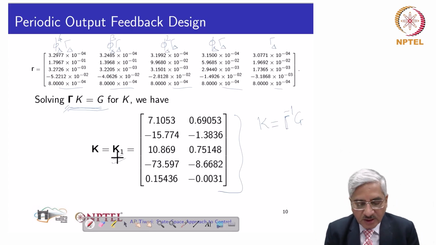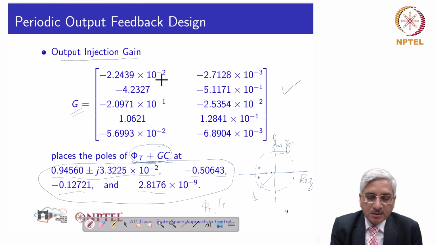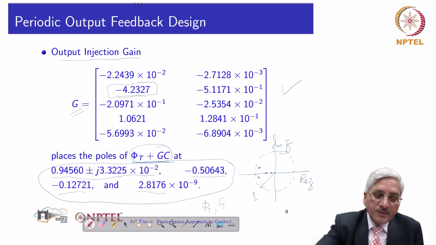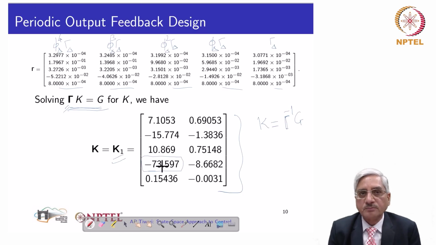You can see that even though the elements of G are small, the largest one here being minus 4.2, the elements of K are quite large. One is 73, quite large. So we look for a design in which the gains are small.